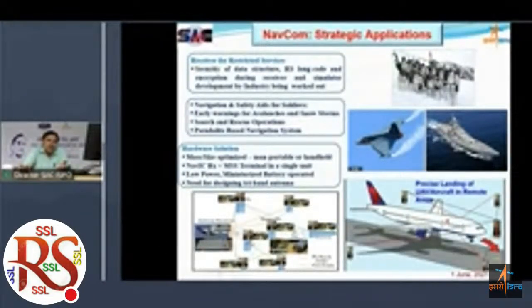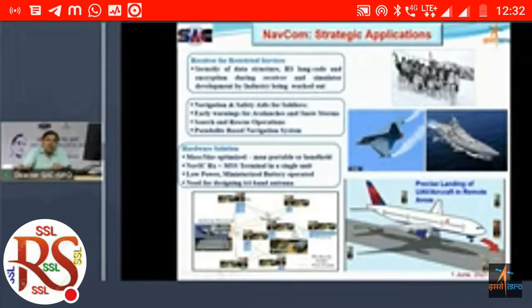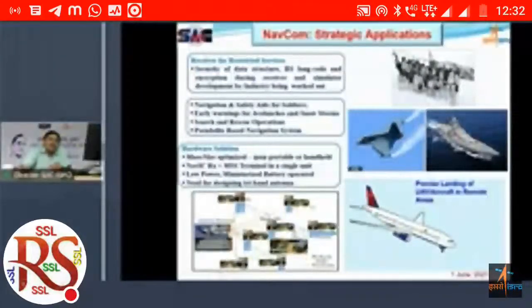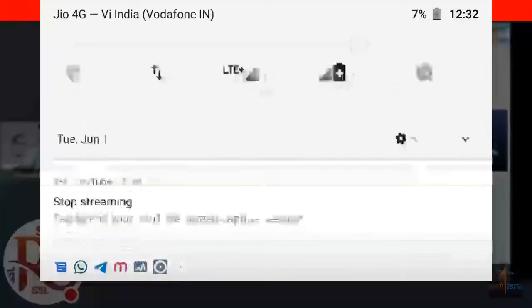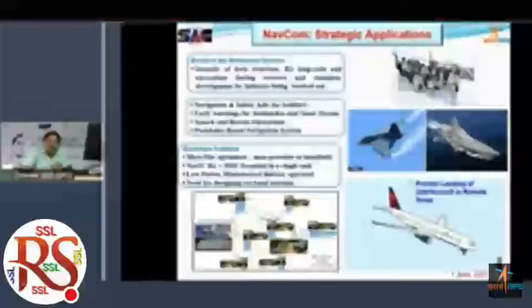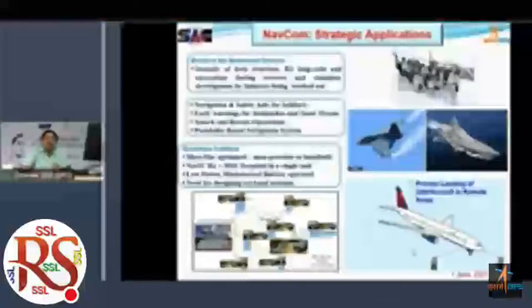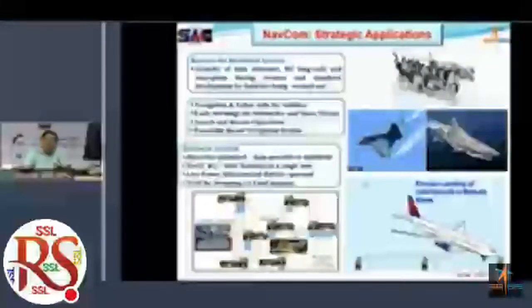You cannot have big runways. So what you do is set up this small system called the pseudolite navigation system, and that will aid the pilot in landing in this small hilly terrain area also. So that is the technology as a part.